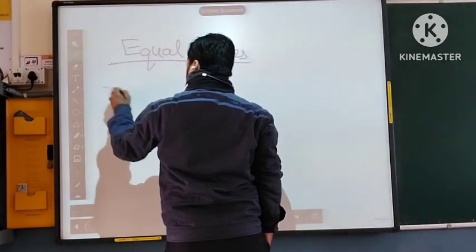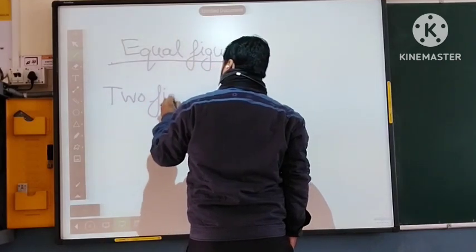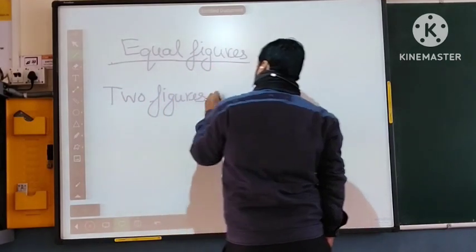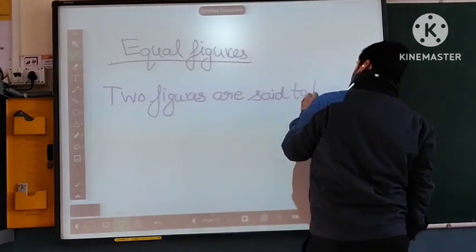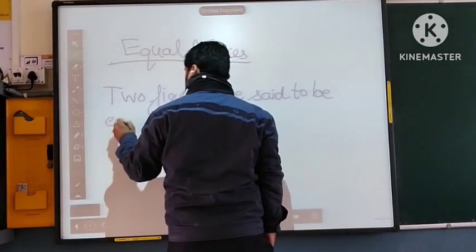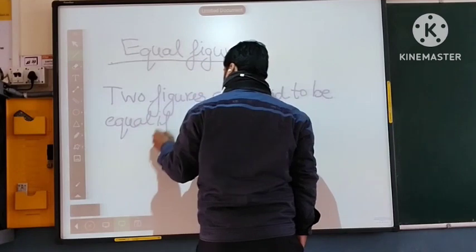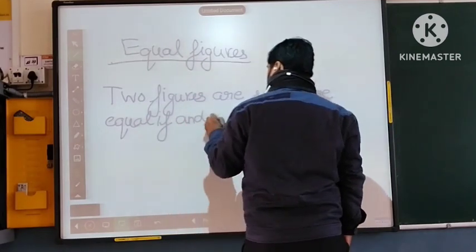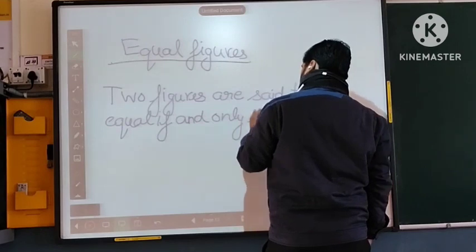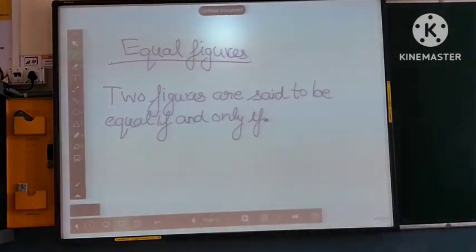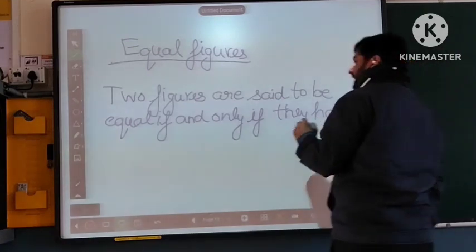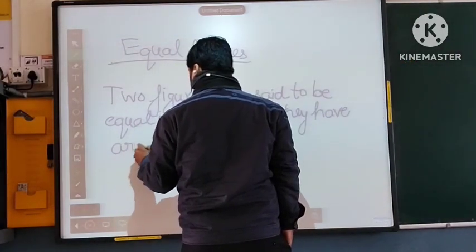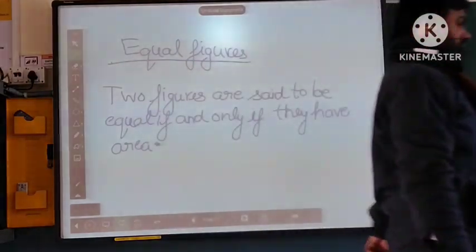Two figures are said to be equal if and only if, that means this has to be satisfied, only one condition: if and only if they have equal area.